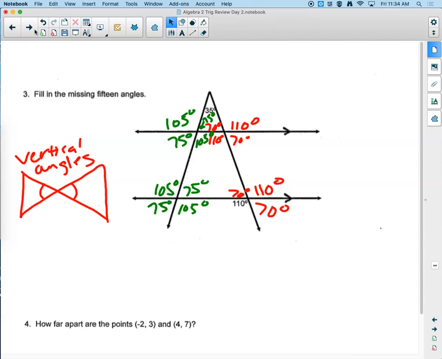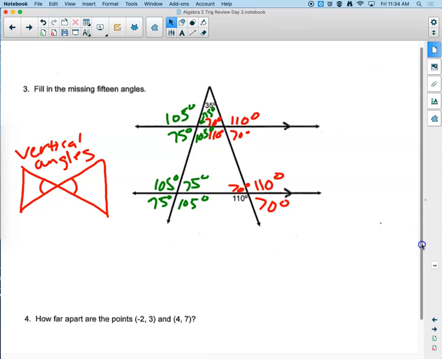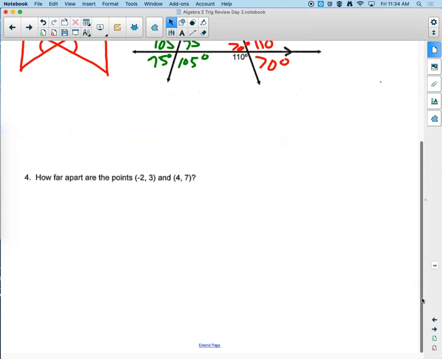All right, 4, I thought we probably needed to just talk about whether or not anybody remembers the distance formula. Anybody remember the distance formula? Okay, and that one will definitely be given to you on the tests.